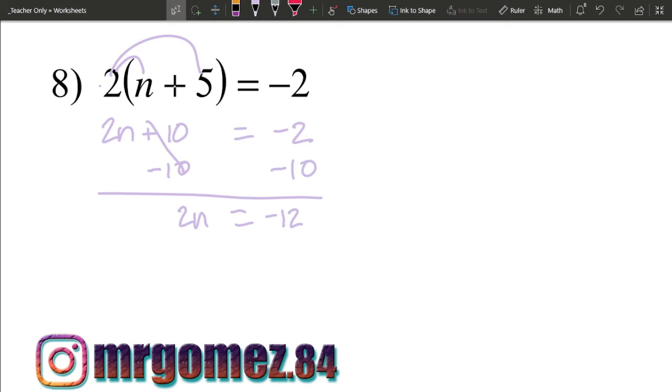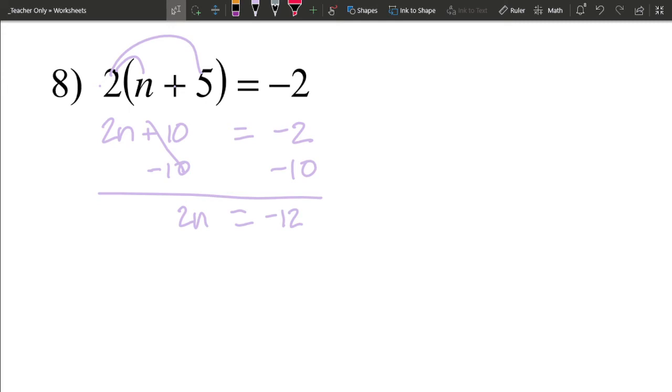Now, the next step, I gotta leave the n by itself, and the n is currently multiplying with 2. The opposite of multiply is divide. So I gotta divide this by 2, and what I do to one side, I have to do to the other side. This will make this just cancel out, and you're left with the n by itself.